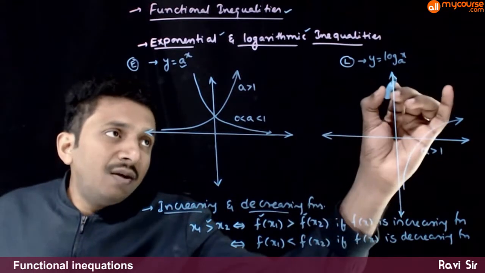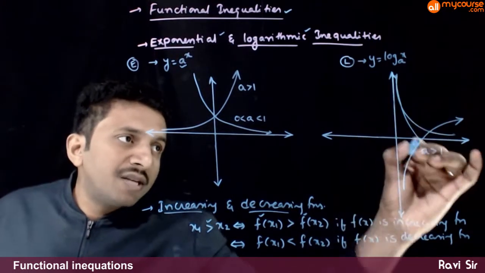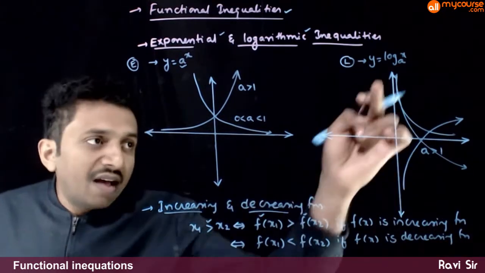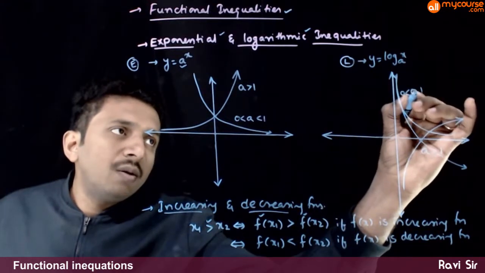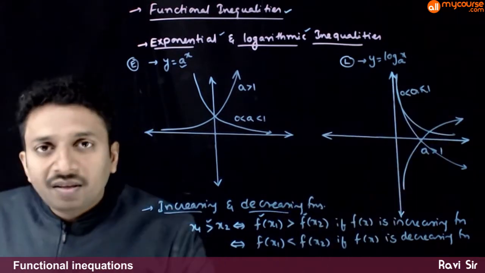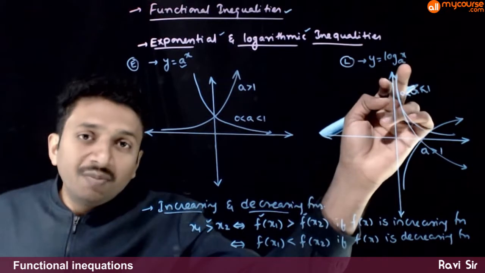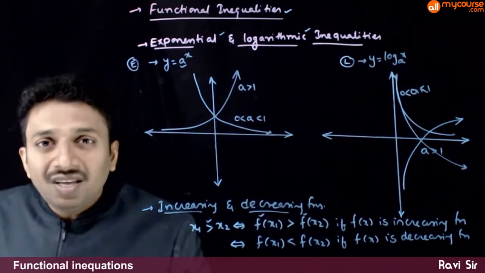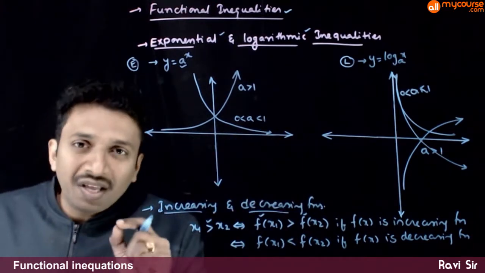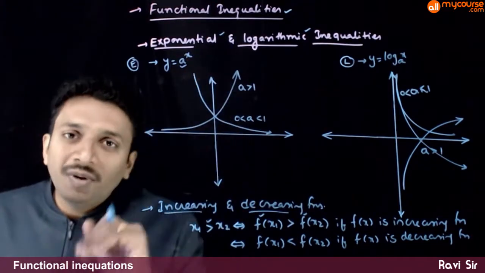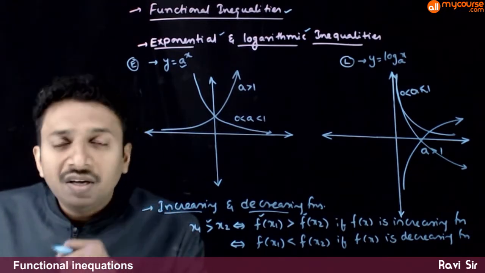The graph looks something like this if the base is in between 0 and 1. If the base is in between 0 and 1, the logarithmic function is a decreasing function. If you remember these two results, it is very easy to solve exponential and logarithmic inequalities. Now let us apply our concept in solving problems.